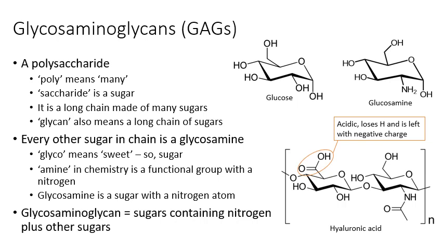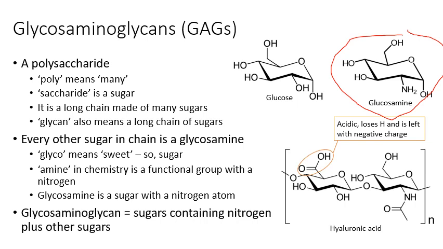If you break down the word glycosamine, glyco means sweet, so that means it's a sugar. Amine is a functional group in chemistry that contains a nitrogen atom. It's an NH2 group. So a glycosamine is a sugar that has an amine group, or a sugar that has a nitrogen atom in it. So as an example here, here we have glucose, and then right next to it, you have your glucosamine, which is the glycosamine version of glucose.